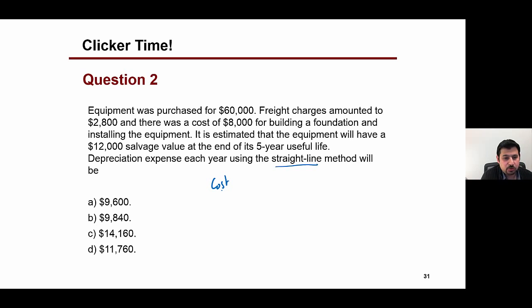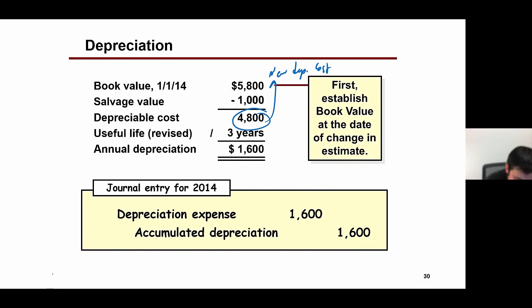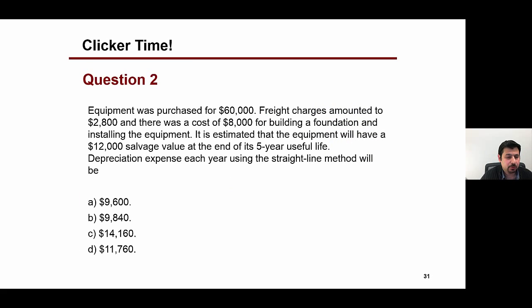Basically, we need to calculate the depreciable cost, so we need to also first calculate the cost at which the asset was reported. So cost is equal to, in this example, equipment was purchased for 60,000, freight charges amounted to 2,800, and there was a cost of 8,000 for building a foundation and installing the equipment. It is estimated that the equipment will have a $12,000 salvage value at the end of its 5-year useful life.